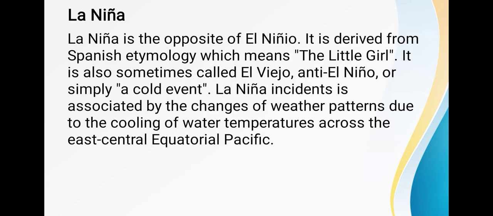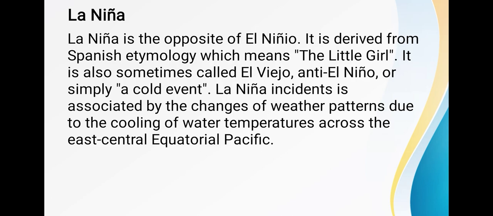Now the opposite of El Nino is La Nina. La Nina is derived from the Spanish, which means the little girl. It is also sometimes called El Viejo, or simply a cold event.